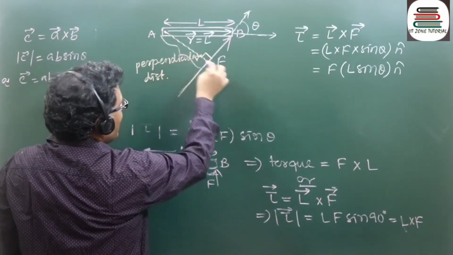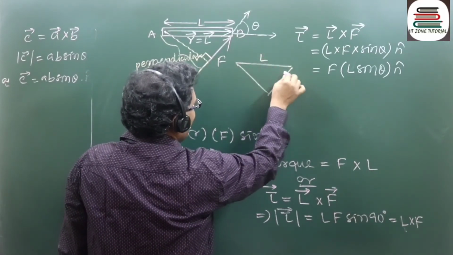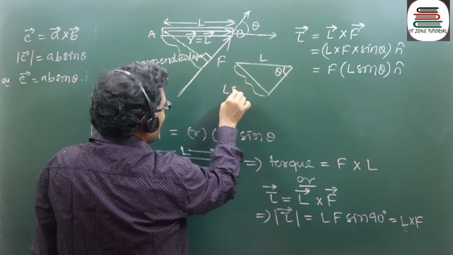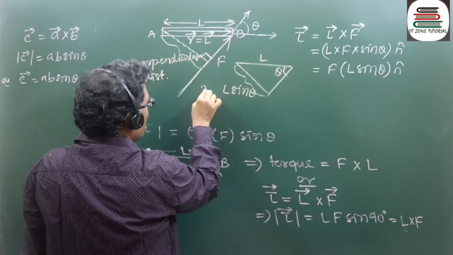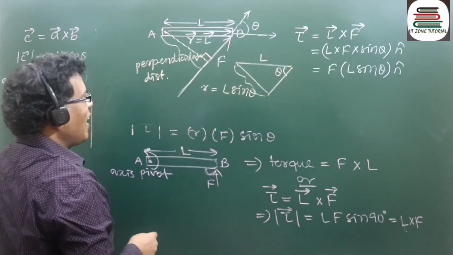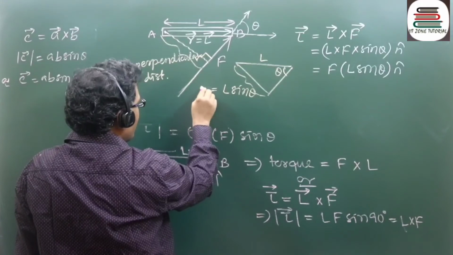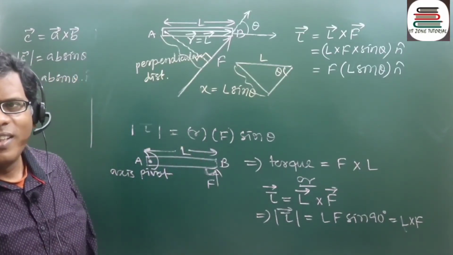So geometrically, check this one, this is L, this is theta. So can I write this as L sin theta? So is L sin theta equal to the perpendicular distance R, or if I have written R here, forget about it, I can write this as X. Are you getting me?